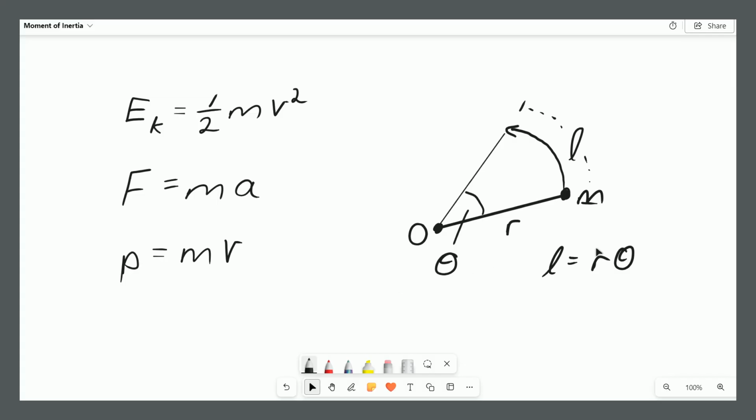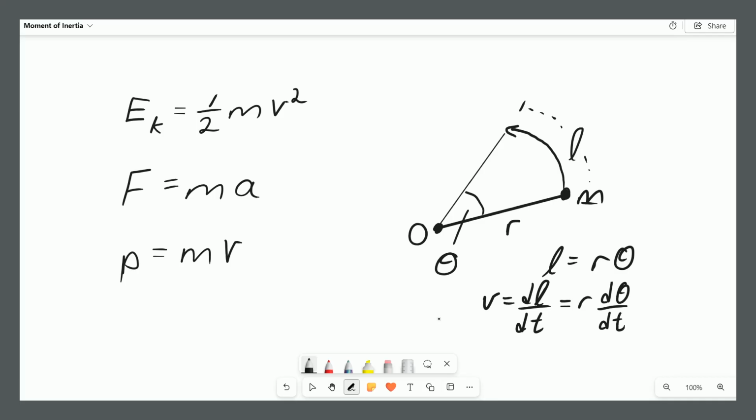Now, if we take the time derivative of L, we get velocity, right? The velocity is dL by dt, and if r remains constant, that's going to be equal to r times d theta over dt.